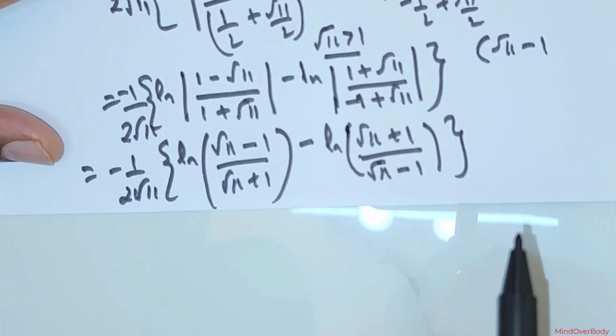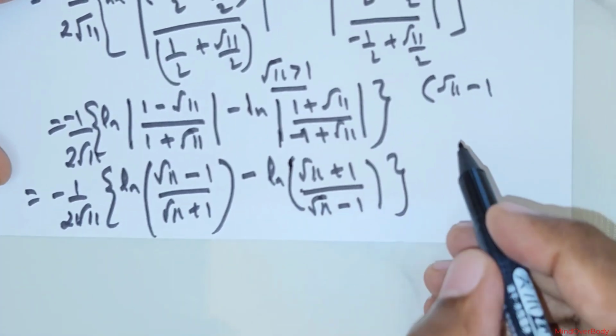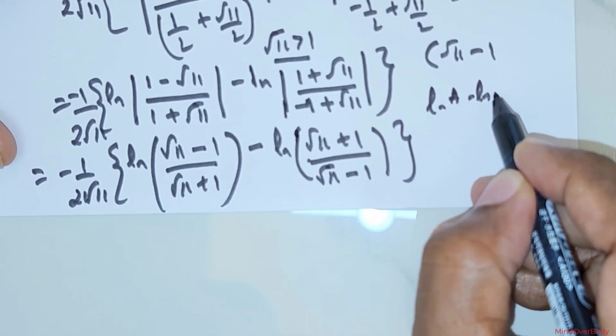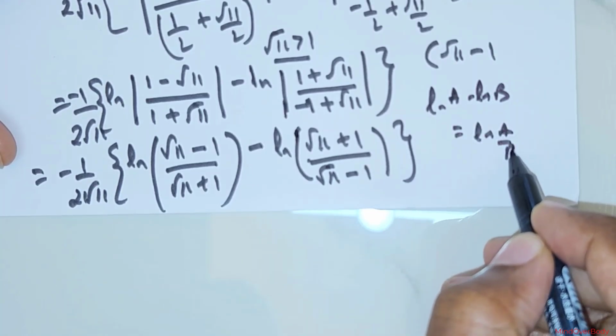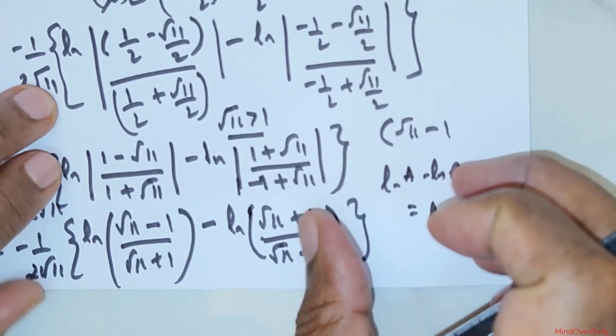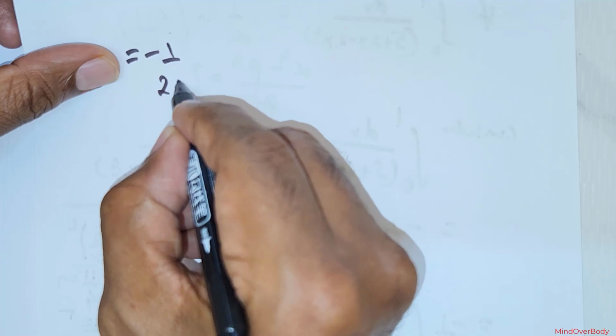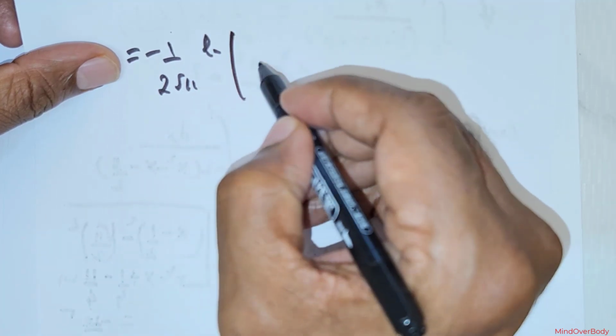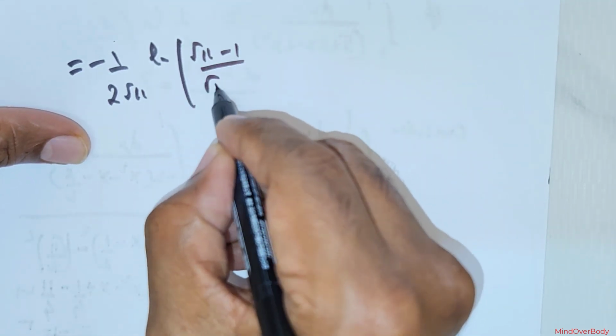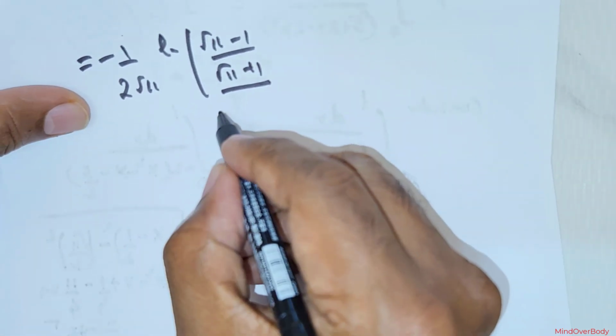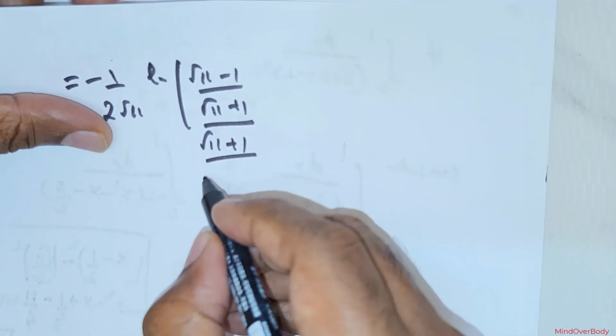So having got up till here, I will be utilizing this formula ln A - ln B, which is equal to ln of A over B. So this is equal to -1/2 times root of 11 ln of (root of 11 - 1) divided by (root of 11 + 1) divided by (root of 11 + 1) divided by (root of 11 - 1).